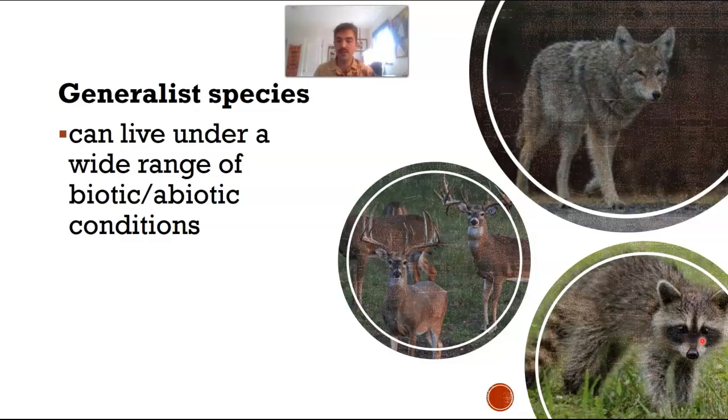And so we have two different major types of species that we can categorize. We have a generalist species that can live in a huge amount of conditions. And usually these are the type of species that live all over the world, especially since we bring animals all over the world. And they're also animals that usually live near humans.